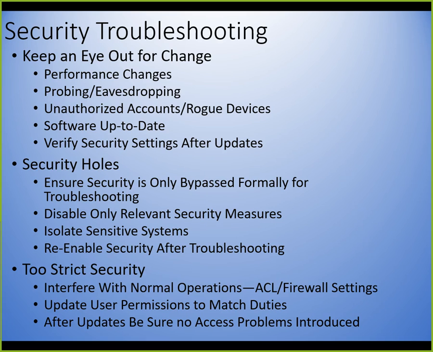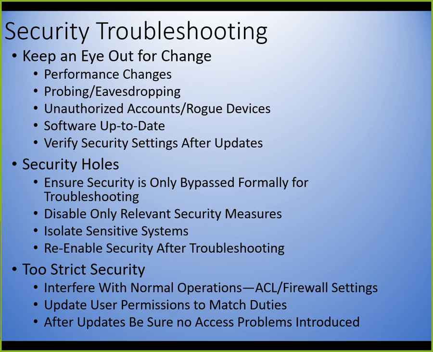Unauthorized accounts and rogue devices, we've talked a little bit about them, and DHCP snooping to prevent a rogue DHCP server. For rogue wireless access points, it's just a matter of looking and seeing what is broadcasting. Is there something other than ours doing those things?